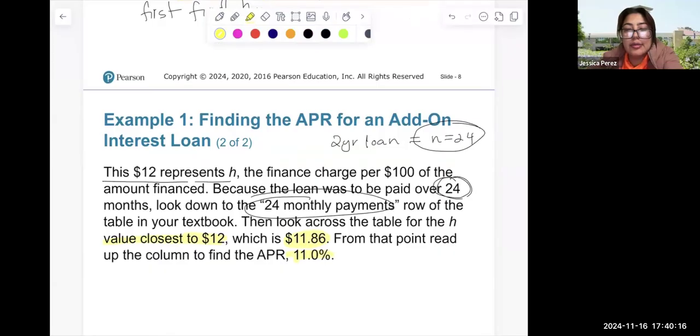I'm going to share that table with everyone, and it should be in your lecture notes.